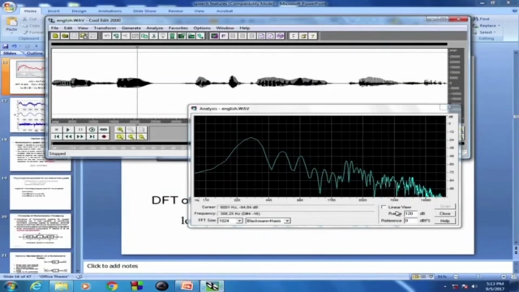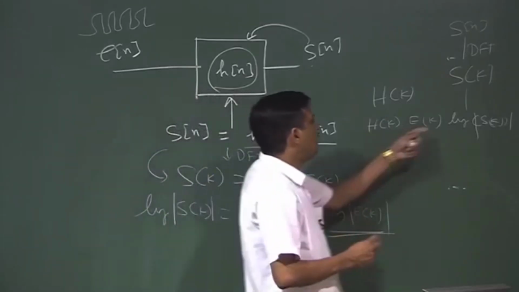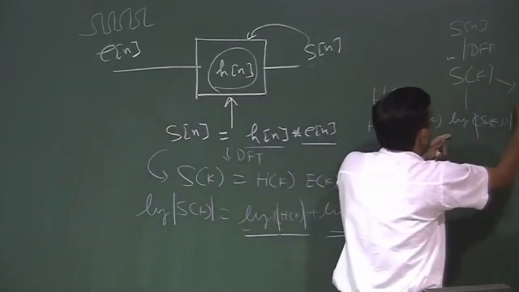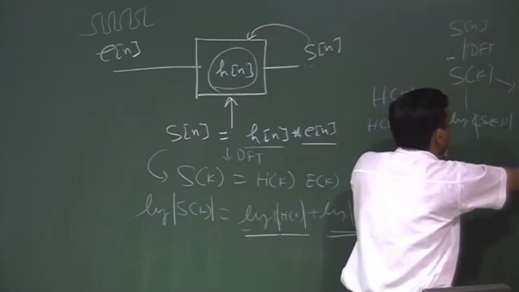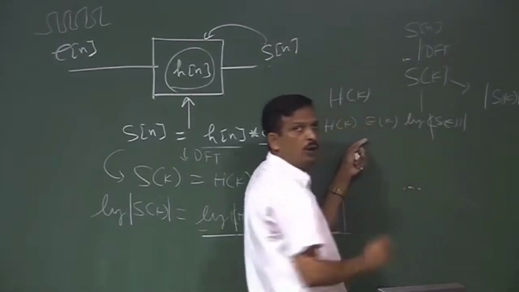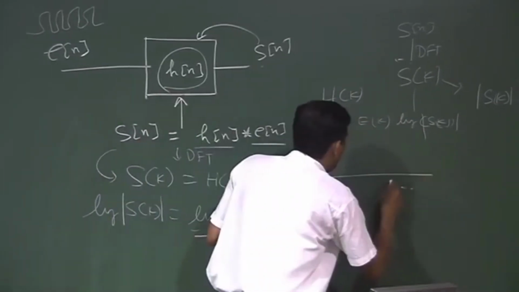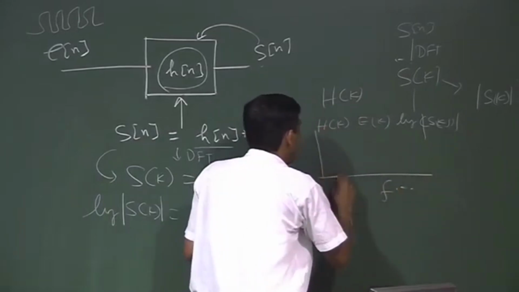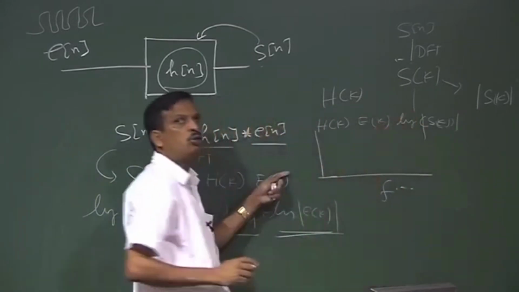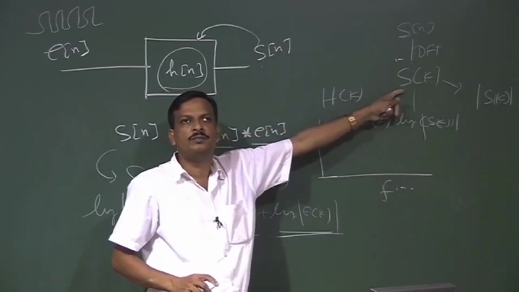This is a linear view, where the frequency scale is linear. Here, instead of taking the log, I find the mod of S(k) and plot it with respect to frequency; that is the spectrum. This axis is frequency and this axis is the mod of x, which is the square root of a squared plus b squared, because S(k) is complex.